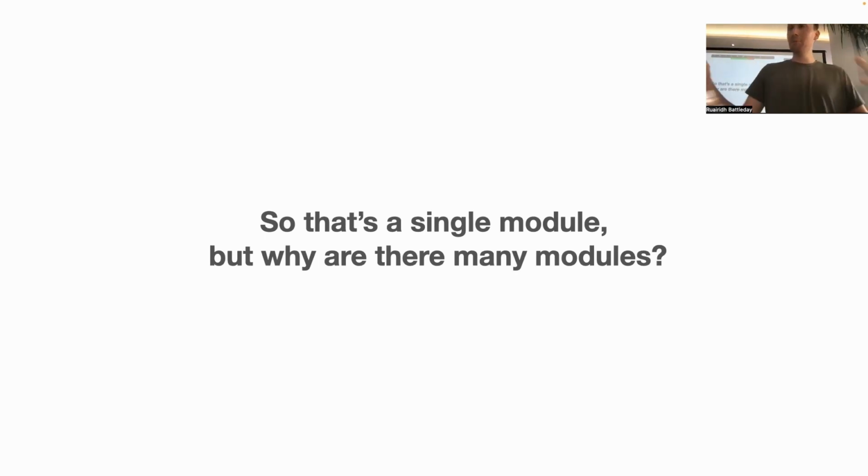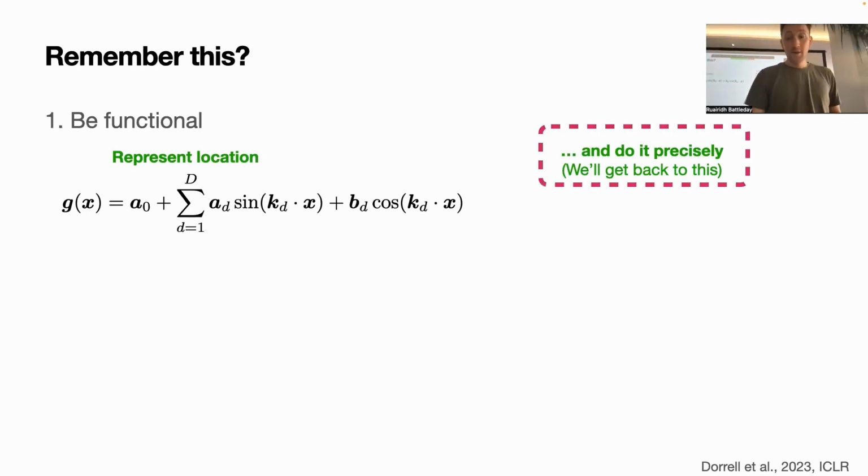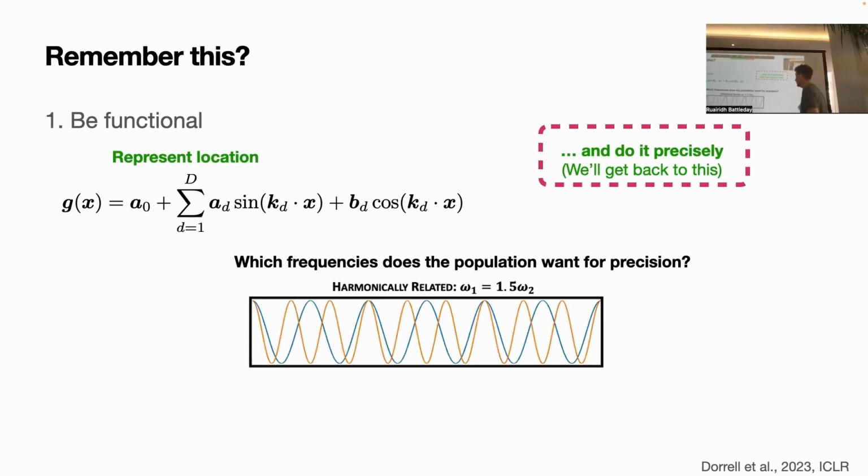But why do we see many modules? Okay, so remember I said to be functional, you need to represent location, you need to do it precisely, but we'll get back to it. We're getting back to it right now. We already thought about what frequencies a single neuron wants. It wants harmonics. But what frequencies does the population want? Well, if it had harmonically related frequencies, these are two frequencies in the population, it means that they're not distinguishing these two points.